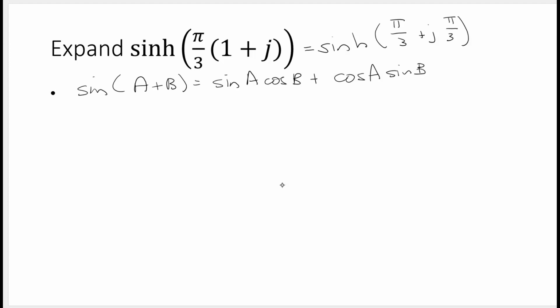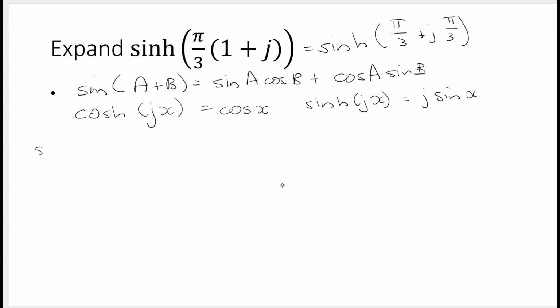Now we also know, we did this earlier, that cosh of j times something, x will do fine, is equal to cos x, and that sinh of the same angle with a j in it is going to be j sine x. So I'm going to go ahead and expand this.